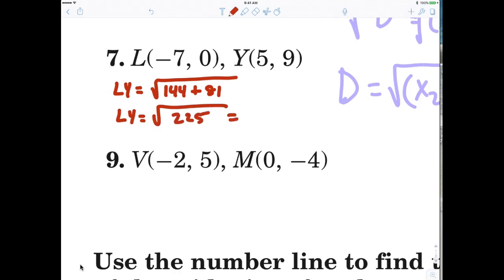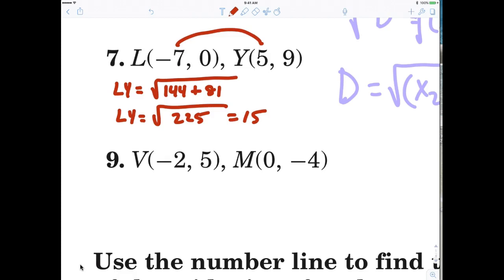And of course, everybody knows that's 15. So the 144 came from the fact that I subtracted 7 and 5. If I subtract those, that's -12, or +12, depending on how you subtract.